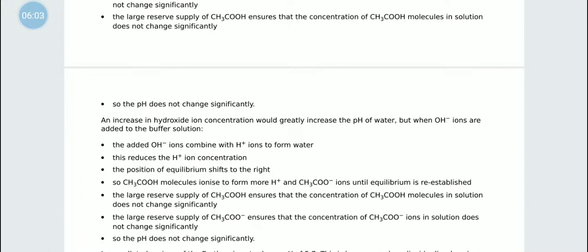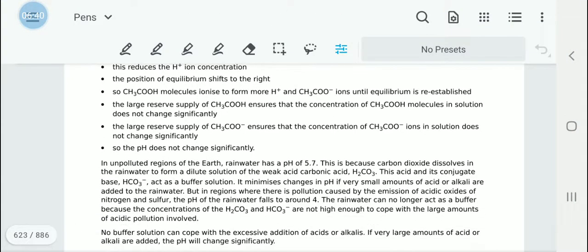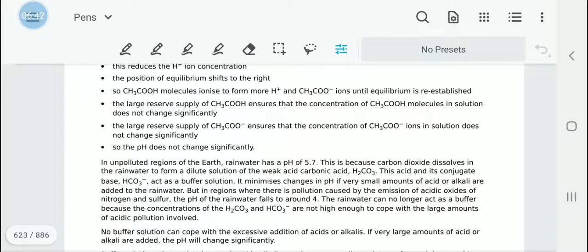When there are fewer H plus ions, more CH3COOH breaks down to produce more H plus and CH3COO minus ions to re-form the equilibrium. Because there is a lot of CH3COOH, its concentration does not change that much. Again, the large supply of CH3COO minus makes sure that its concentration does not change significantly. As a result, the pH does not change significantly. I hope that makes sense.